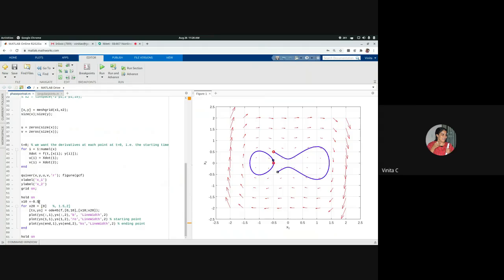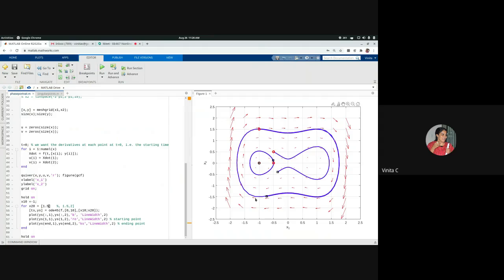So I will take -1 comma 0. Let us see -1 comma 0. It is at the equilibrium point. Now minus 1 comma 1.5. So something like this. See, it is -1 comma 1.5.